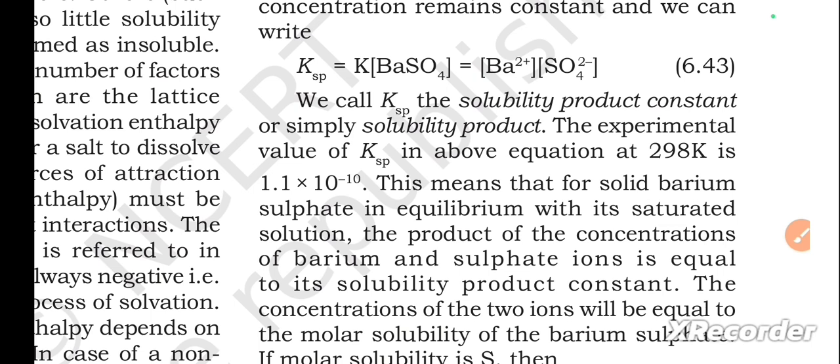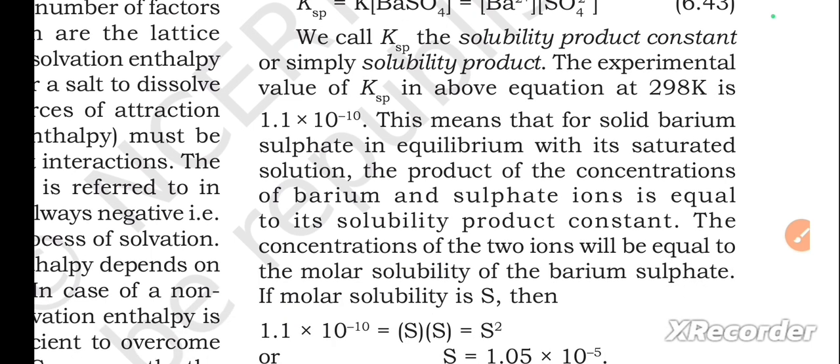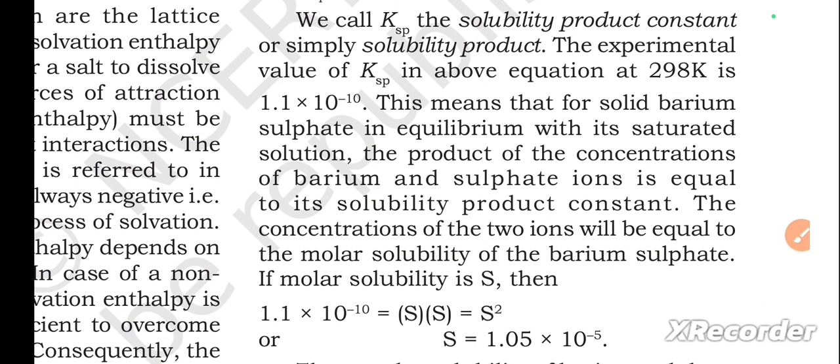The experimental value of Ksp in the above equation at 298 K is 1.1 × 10^-10. This means that for solid barium sulfate in equilibrium with its saturated solution, the product of the concentrations of barium and sulfate ions is equal to its solubility product constant.